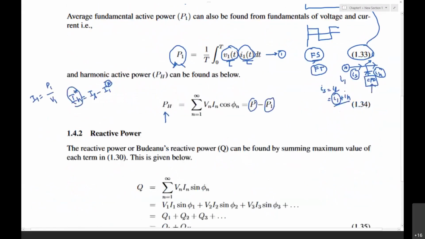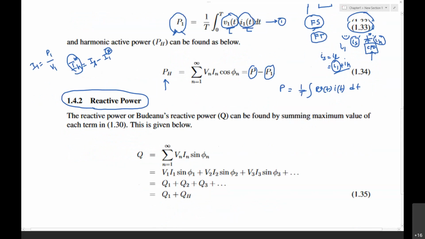Next is the other point. Basically, reactive power is a non-useful power, as you know. To define the active power is very easy: it is 1 by T, integral of v(t) i(t) dt. But the equation of the reactive power is not so easy.